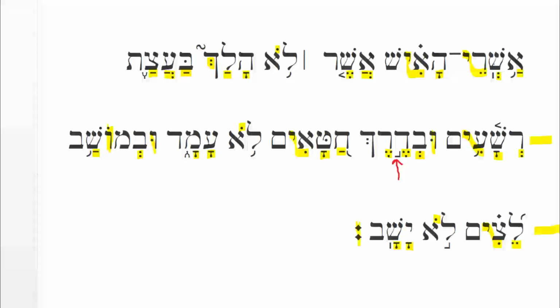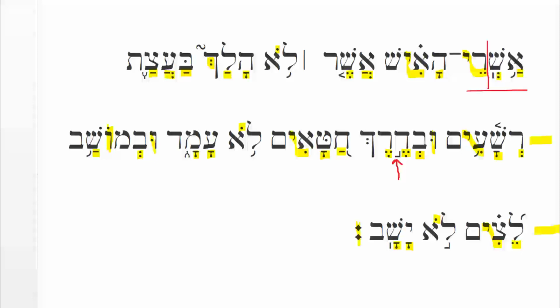Let's go ahead and divide the syllables now. So our first word here, ashrei, and our first letter is the aleph and the patach, and then the second letter has a silent schwa, and so that's closing off the syllable. That means we're going to divide after it.